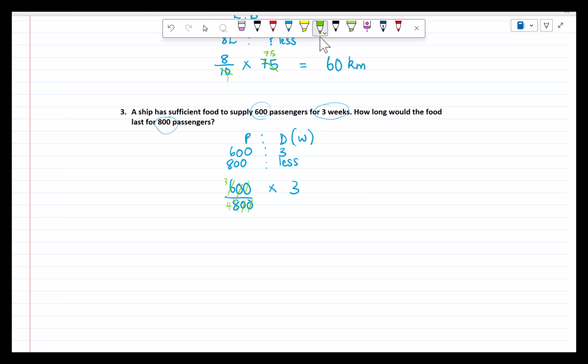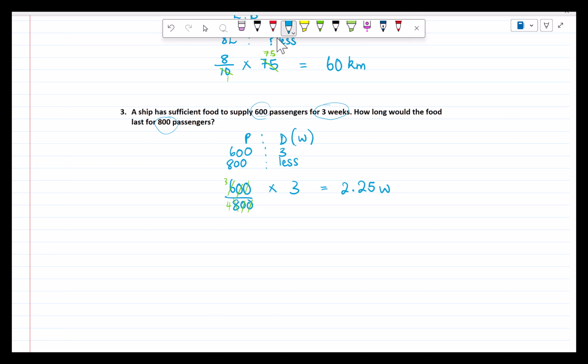So now we have 3 over 4 times 3, which gives us 2.25 weeks. So the food with 800 passengers would last them 2.25 weeks. But remember, you only get this one correct if you know what to put here, because whatever you put here will determine how you write your fraction right there.